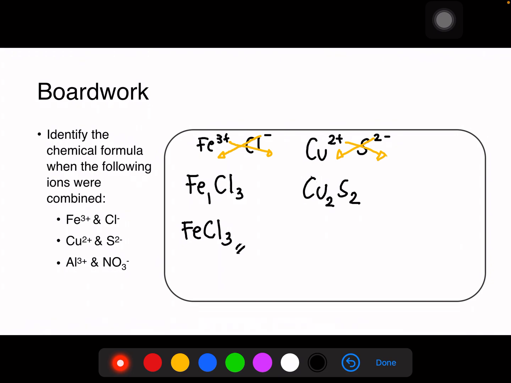However, in ionic compounds, we are required to write their subscripts in lowest terms, so we can simplify their subscripts. For that case, that will be Cu1S1 or CuS.